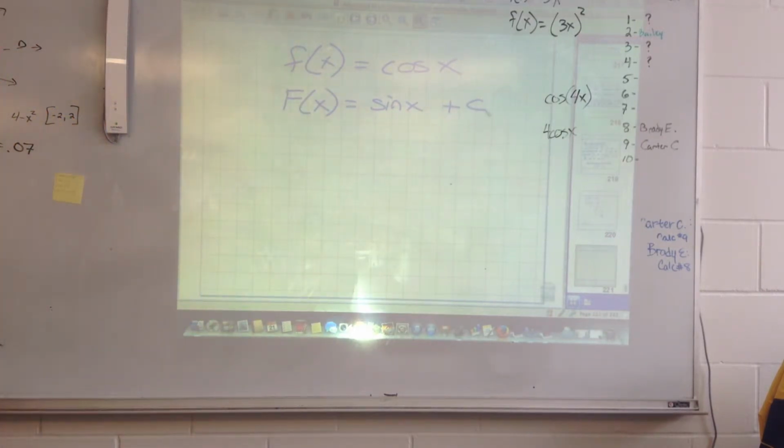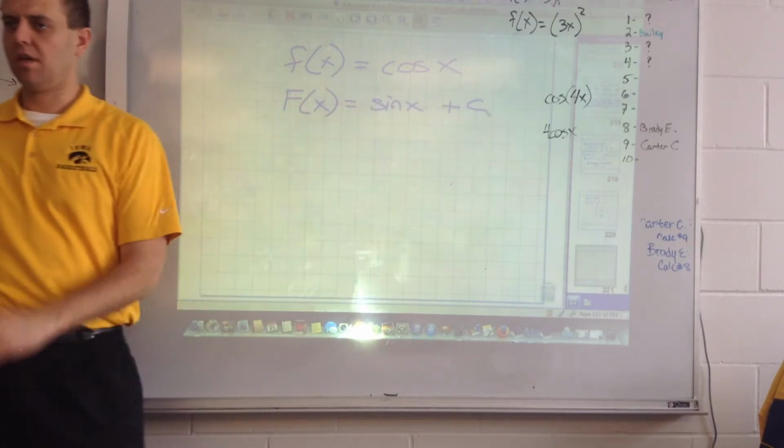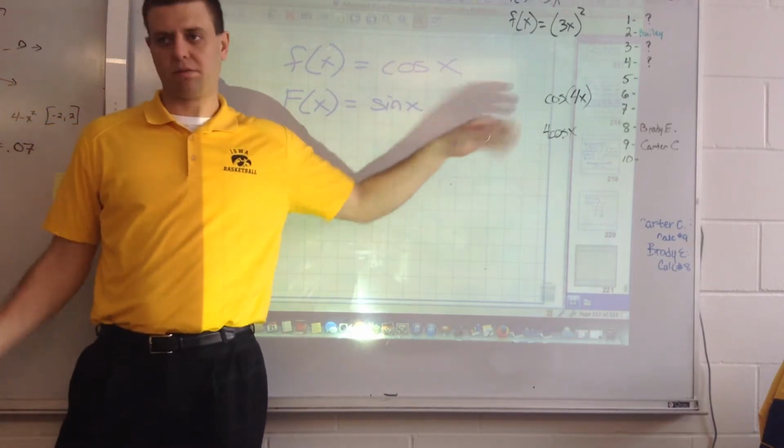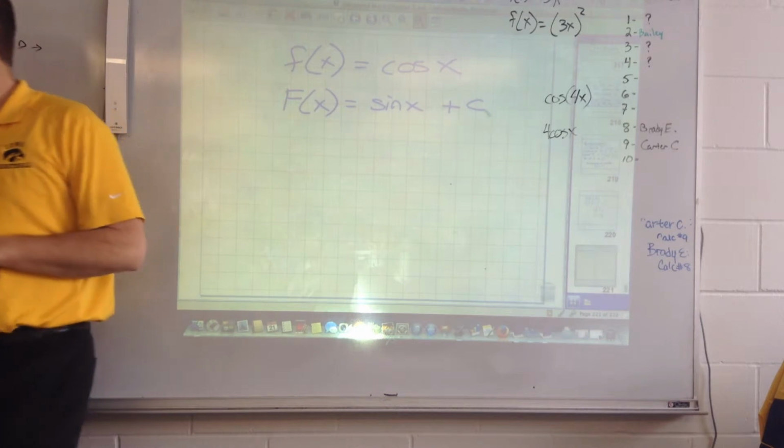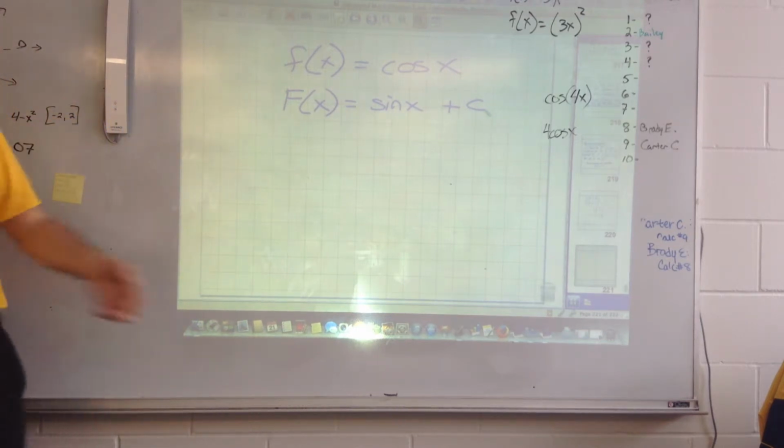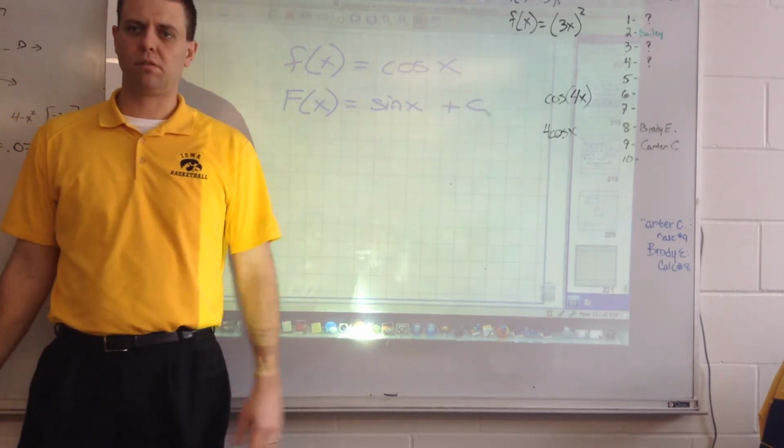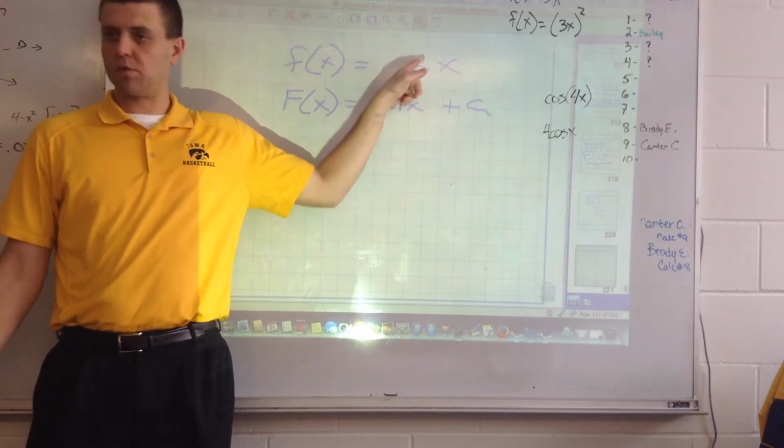The antiderivative of that would be sine x plus c, because if I asked you to take the derivative of this, you would get cosine x. The derivative of sine x plus 7 would simply be cosine x.